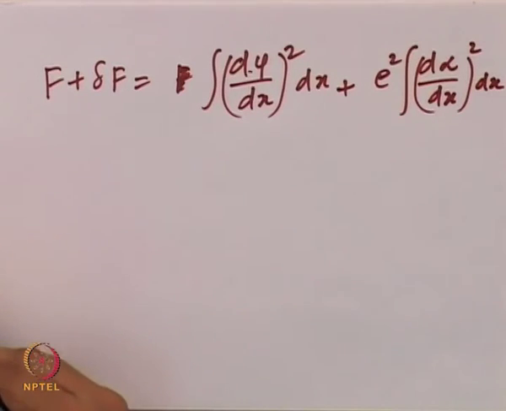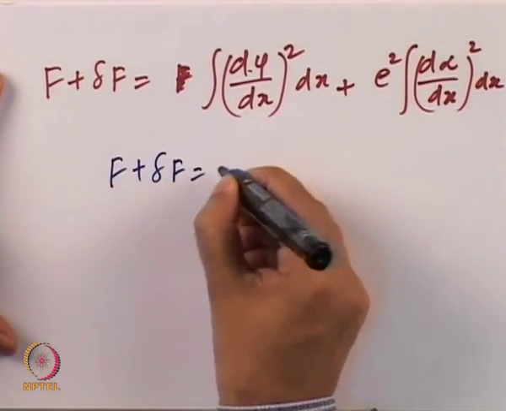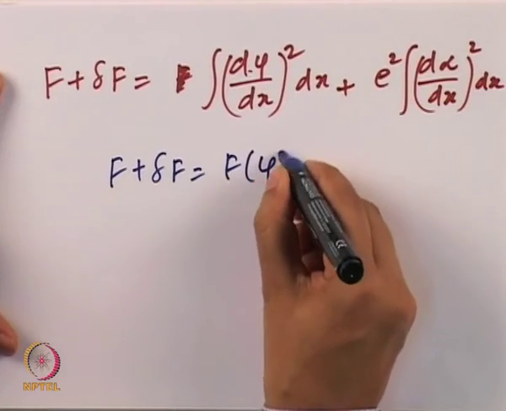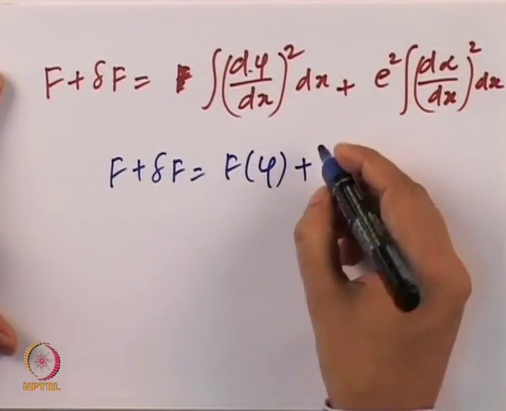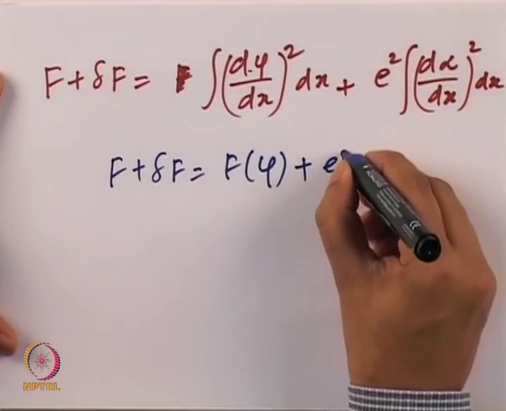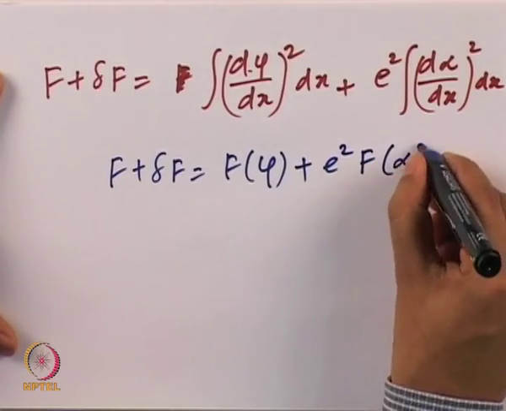If you see, the first term will be a function of only phi. So f plus del f is equal to the first term, a function of only phi, plus the second term, which will be a function of alpha. So e square f of alpha.